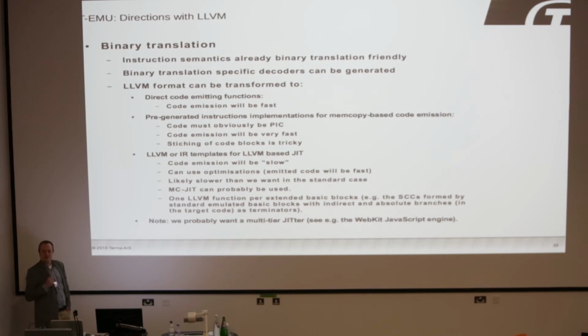I'm not really sure how easy it will be yet, because MC jitter is really for compiling a language which consists of well-defined functions and so on, and we don't really have that in this case. So we would need to define something like an extended basic block in the emulator, which we can probably form as the strongly connected component, which terminates with all indirect and absolute branches.